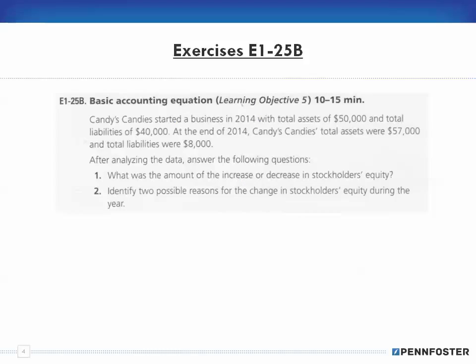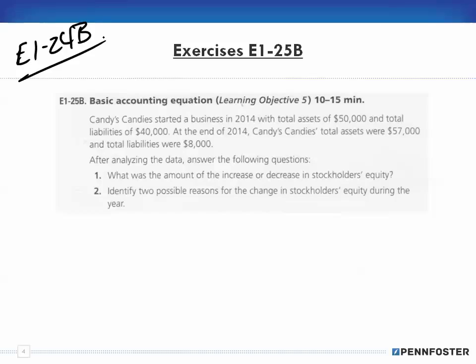Right, exercise 1-25B, basic accounting equation. Candy's Candy started a business in 2014 with total assets of $50,000 and total liabilities of $40,000. And just looking at this exercise, this is very similar to exercise 1-24B, which was in the previous video.